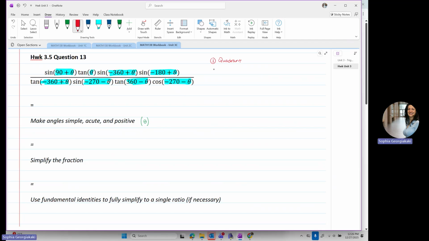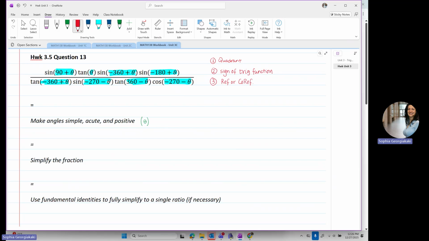Based on that, we will identify the sign of the function. And after that, we will identify whether we must use the same function if we have a reference angle or a coreference angle to use the cofunction of theta.